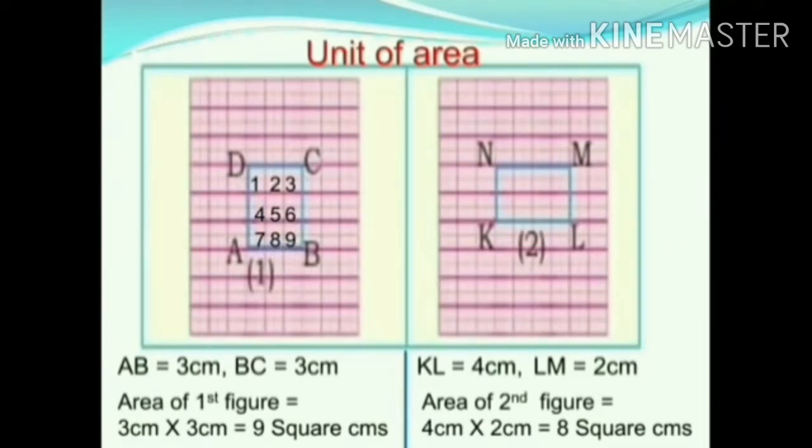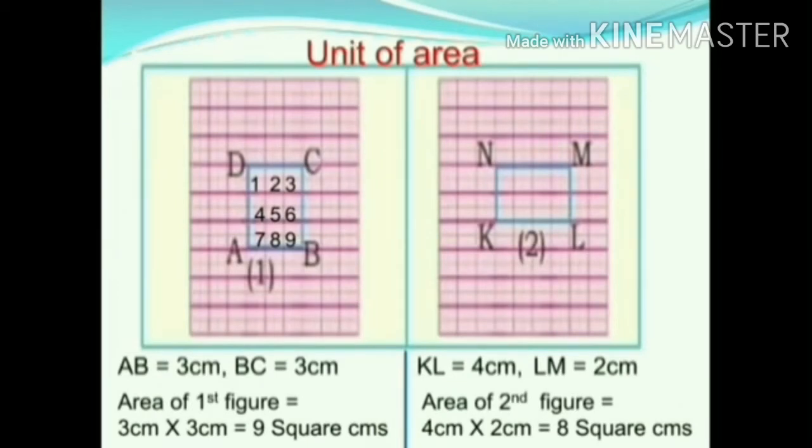Already you know that the area of a shape is obtained by multiplying its length and breadth. In the above figures, what is the length of the first figure? That means what is the measurement of AB? AB is 3 cm. What is the measurement of breadth? BC? BC is 3 cm.